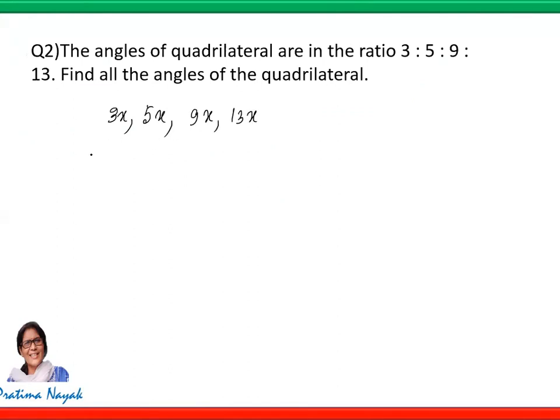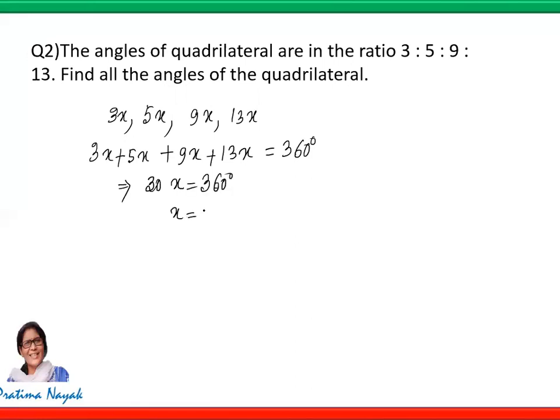You have also done this type of question in class 9. Their sum is how much? It is 360 degree. So you will add it and find x. So this gives you 30x is equal to 360 degree.